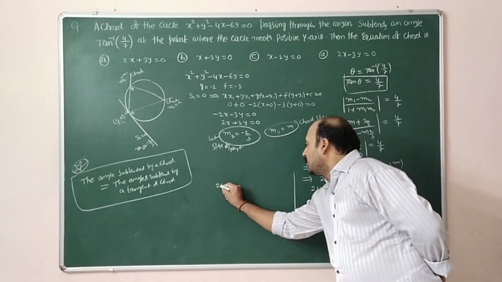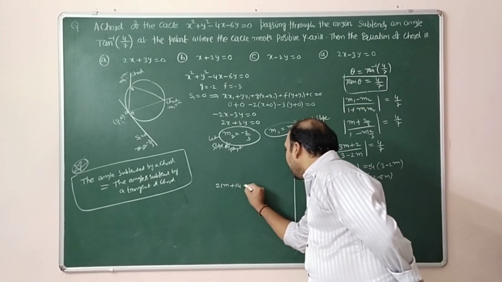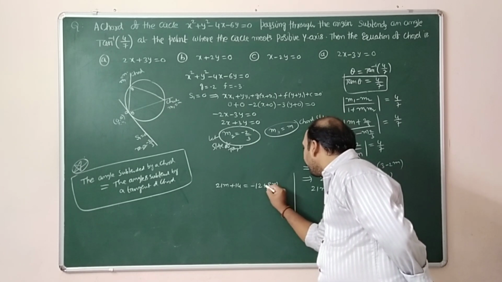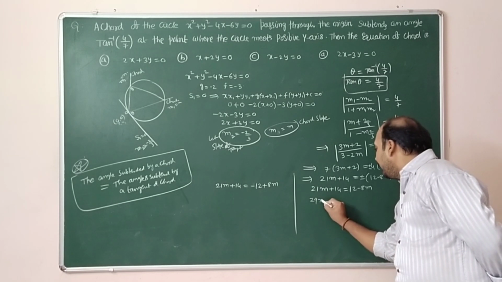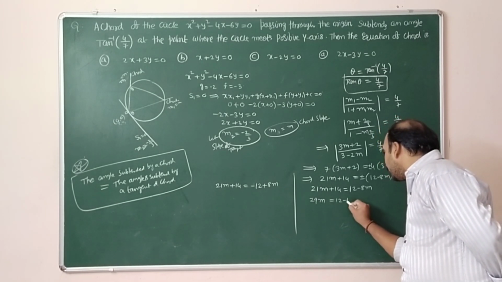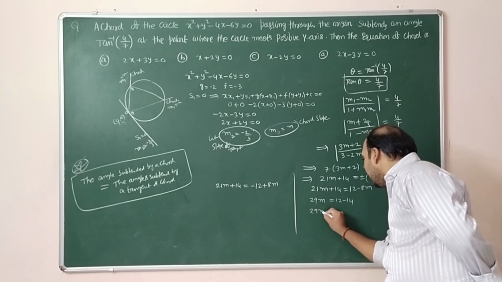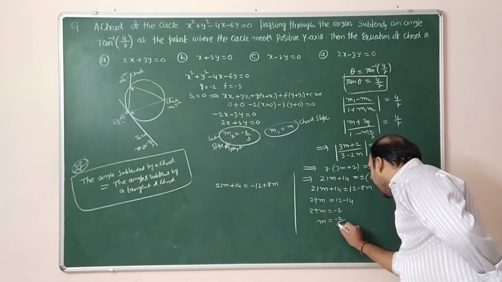Another case: 21m plus 14 is equal to minus 12 plus 8m. Taking 8m to this side, 29m is equal to 12 minus 14, that is minus 2. So 29m is equal to minus 2, m is equal to minus 2 by 29.